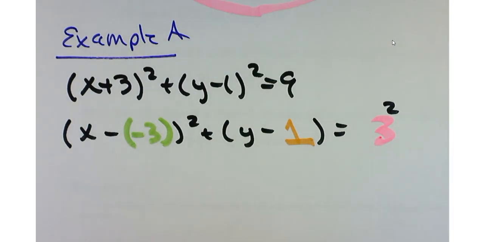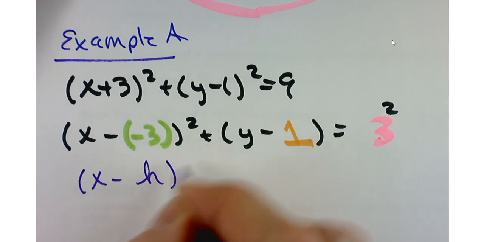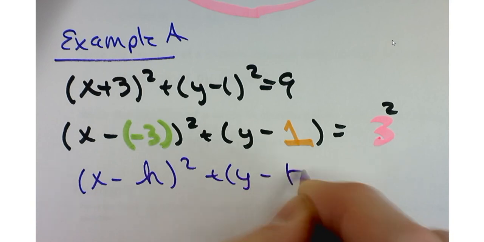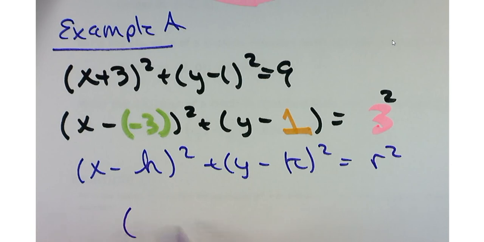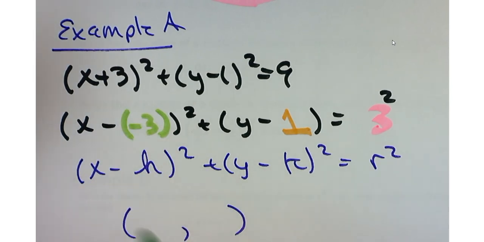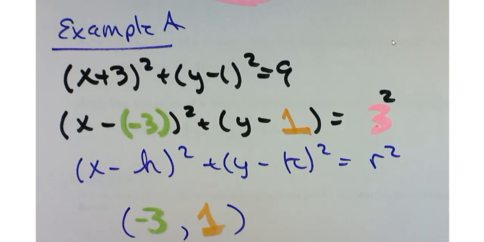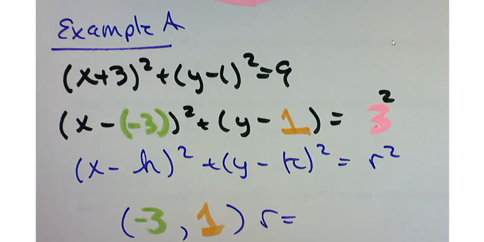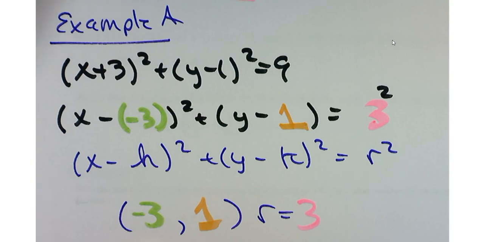So if you line that up in comparison with our x minus h squared plus y minus k squared equals r squared, that's pretty much telling you all that we need here. H, well, that's what you're subtracting. That's a negative 3. And y, well, the k is 1. And what are you squaring on the right-hand side? Well, our radius is 3. So, you know, we end up with the same conclusion.